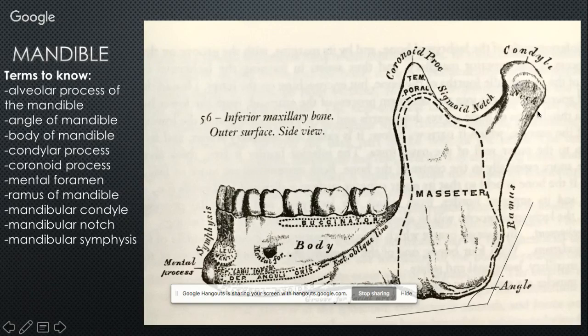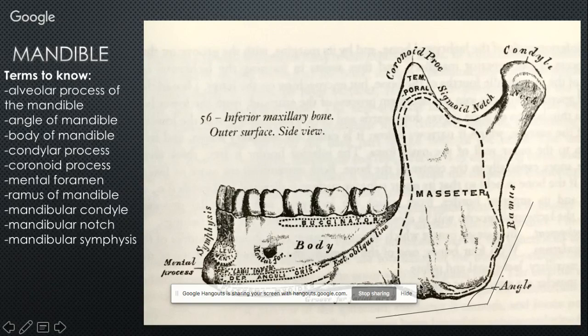The condylar process, which is this neck right here, not the actual condyle, which is just this top part right here, but the condylar process, and then the coronoid process. Make sure you put the R because it's not the conoid process, it's the coronoid process. And the mental foramen down here, they're pretty easy to spot.